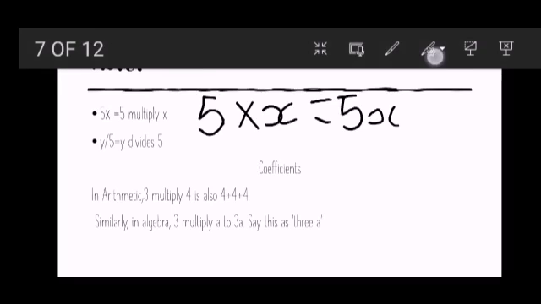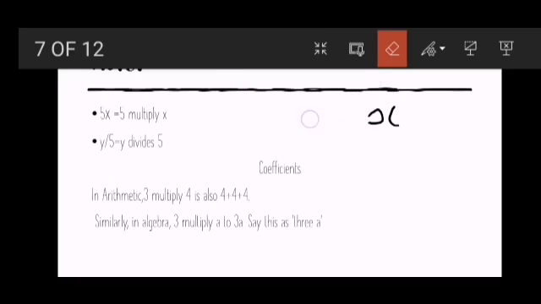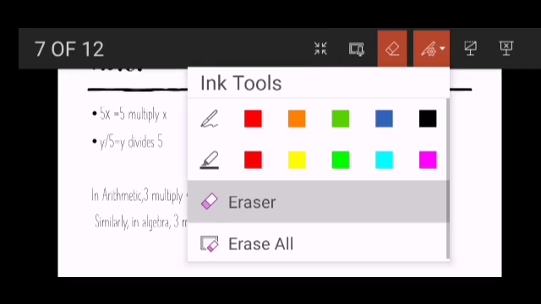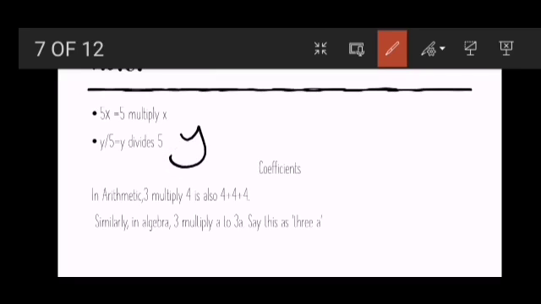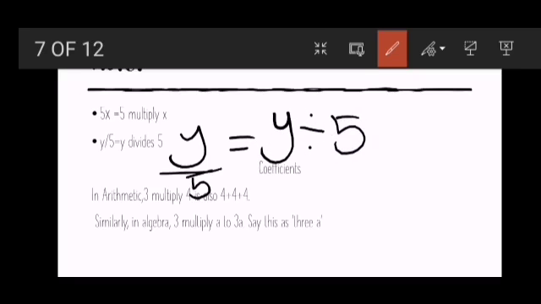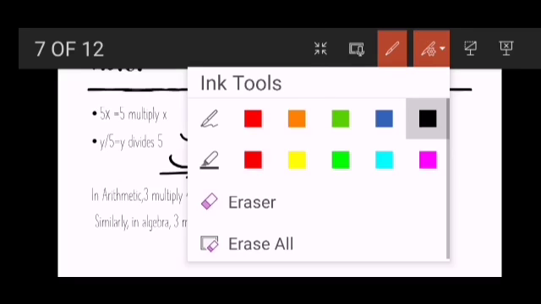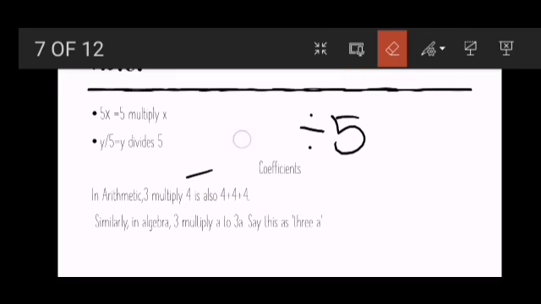And the next one is y over 5. Y over 5 is the same thing as y divided by 5. That's it. That one is really easy, so you should just know that before.